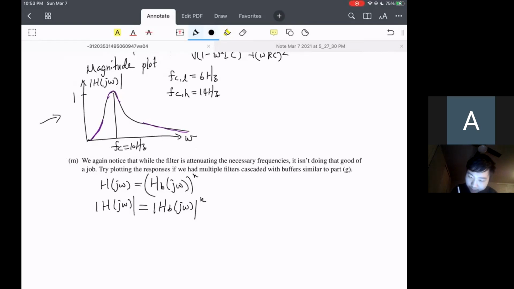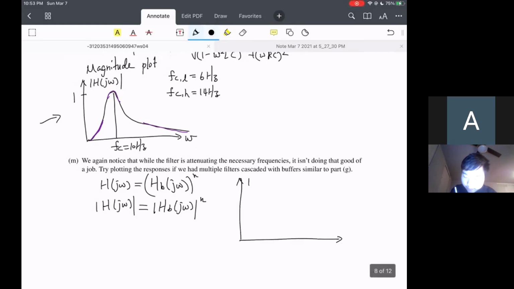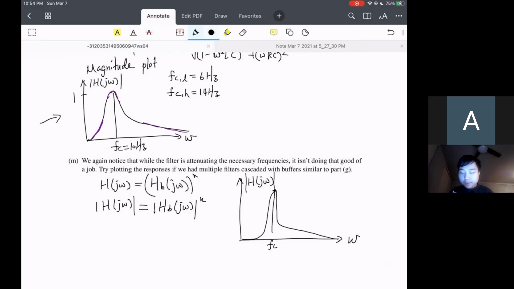So if you have a really high n, let's say if n equals 10 or 5 or something, as omega changes, it's going to look something like this. It's going to jump all of a sudden on the center frequency to 1, because at that point, the value is very close to 1, if not exactly 1. Okay. Even if we take a very high power, it's still going to be close to 1, but the other values are relatively smaller. So if you take a high power of it, it's just going to tend to 0.